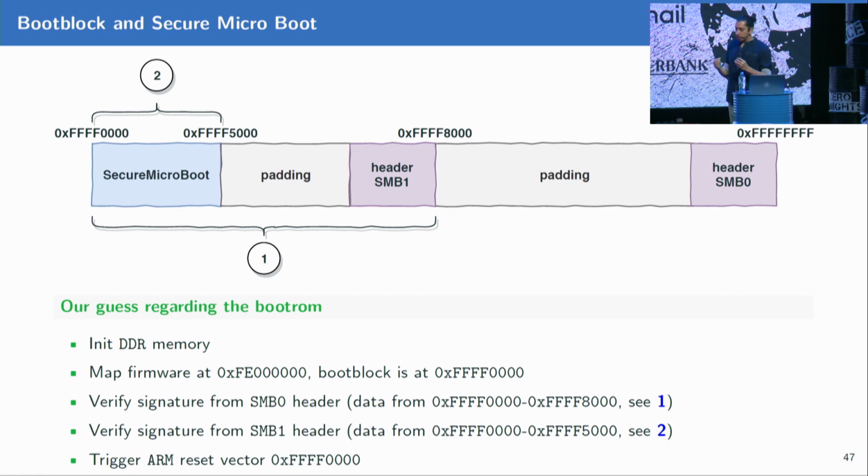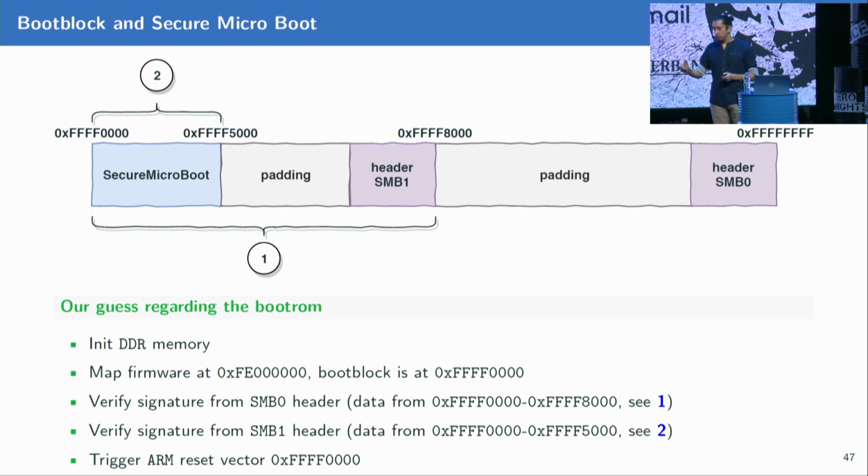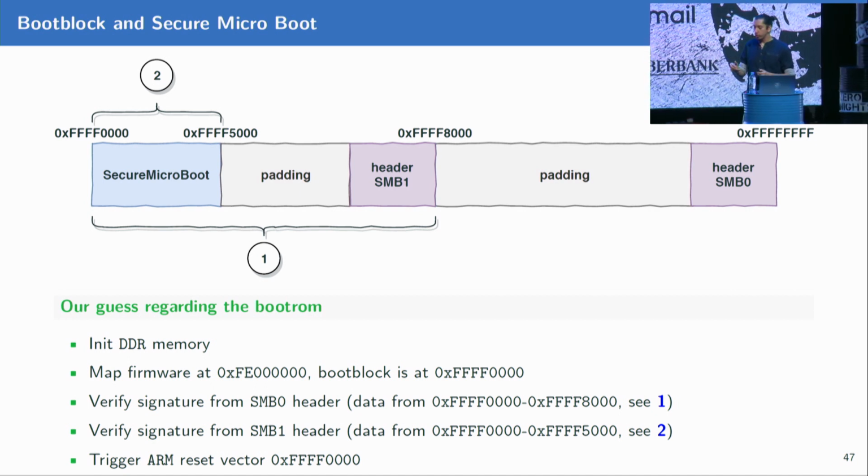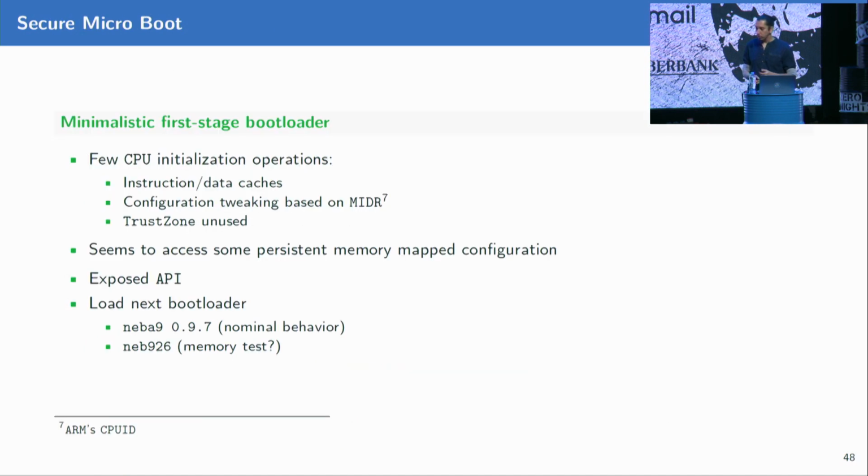It will then first verify the signature from the SMB0 header, the one at the very top of the memory, which will check the first 8,000 bytes. Then it will verify the signature from the SMB1 header, and if everything is good, it will trigger the ARM reset vector and then start the execution of the first stage bootloader, Secure Microboot. It's only a guess about the behavior of the boot RAM.